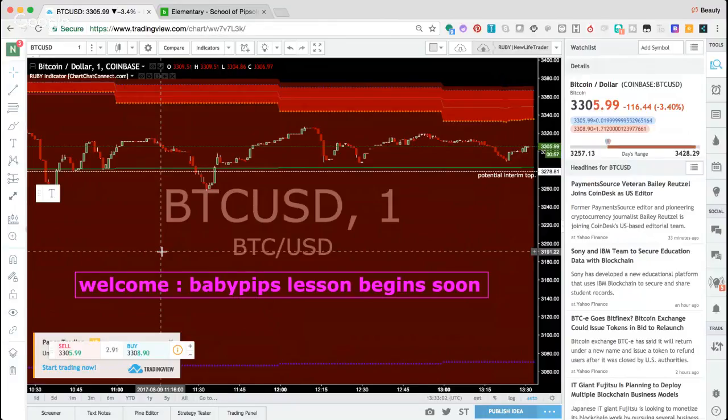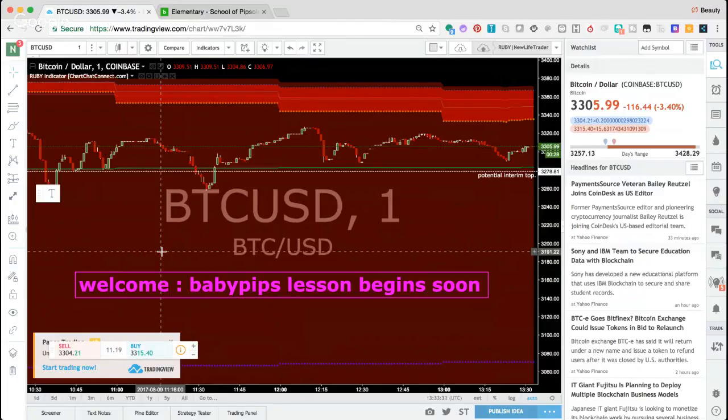So we get very granular with Ruby, and get to see how the bars are reacting to all of the EMAs, and we use the EMAs as a guide. That's all that they really are. They're a guide to influence your thoughts about whether the trade is long, sideways, or actually going short. So that's one of the benefits of the way that Ruby is coded.